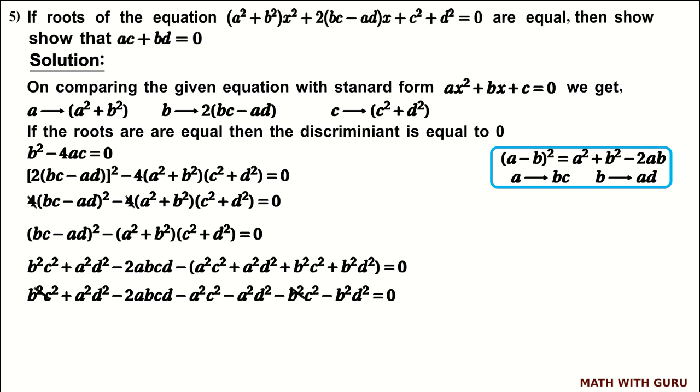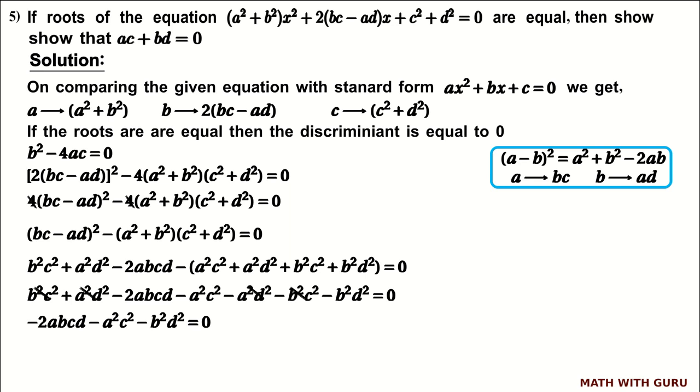They get cancelled. Plus a²d² minus a²d², they also get cancelled. What remains? Minus 2abcd minus a²c² minus b²d² equals 0.